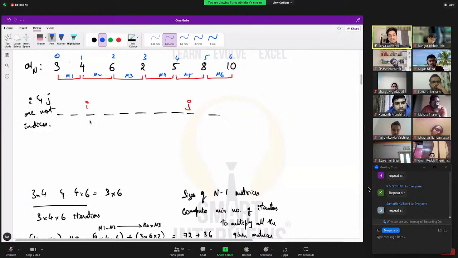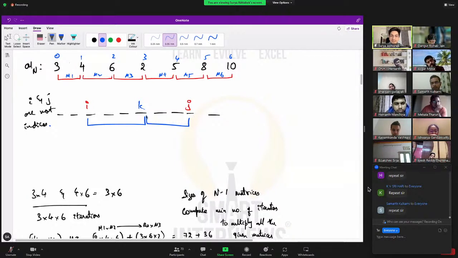So what are our options here? To multiply all these matrices, first I can multiply i to k matrices, and then I can take this result and multiply k to j matrices. Or I can multiply i to this k matrix, and then multiply all these matrices.